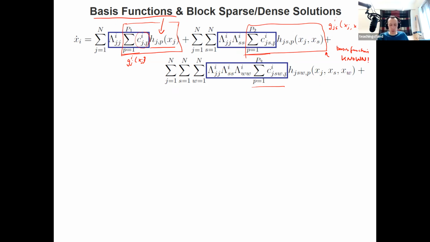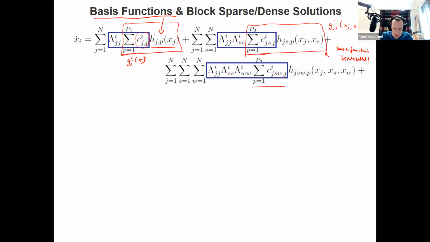If you know them, for example, if this is xj to the power of p, you can substitute values into it. So once you record a time series and you know xj at time 5, you take the power p, and you get some number to the power of p, which is just some number appearing here.